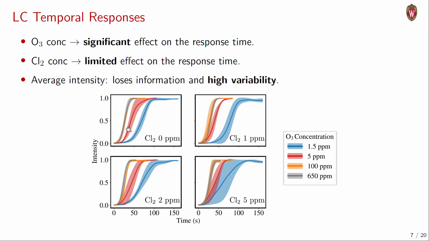Specifically, when we change the ozone concentration, shown by the different colors here, the response time changes significantly. However, different chlorine concentrations of 0, 1, 2, and 5 have limited effect on the response time. More importantly, the standard error of the response is large. If we use time response alone, we will ignore important information in the spatial temporal color response.